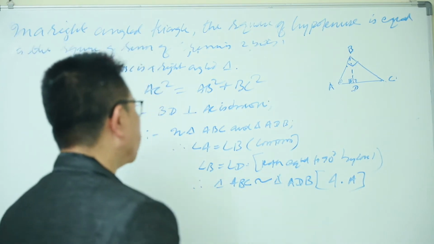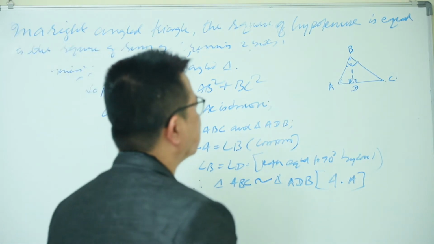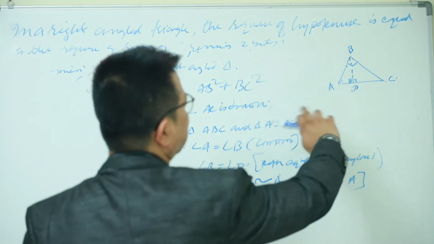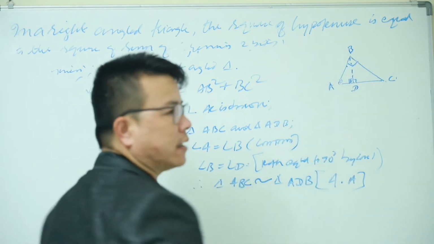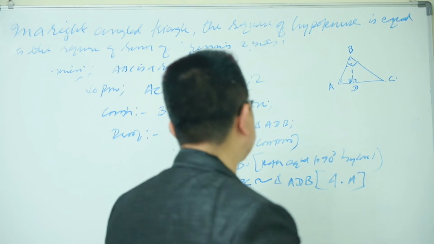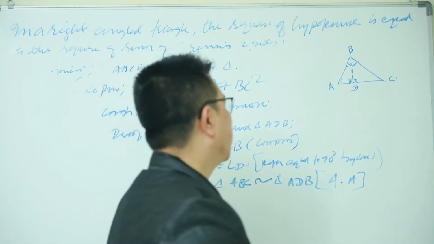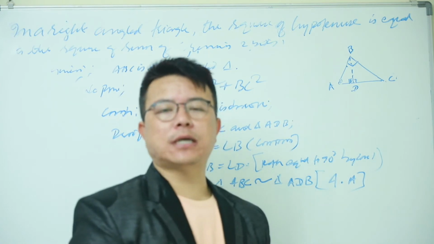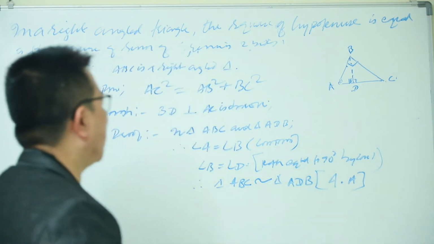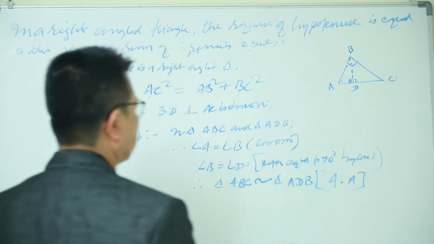Now, in any two triangles ABC and ADB, if these two triangles are similar, then what we have learned in previous theorems is that the ratio of their corresponding sides is equal. Now you have to find the corresponding sides.